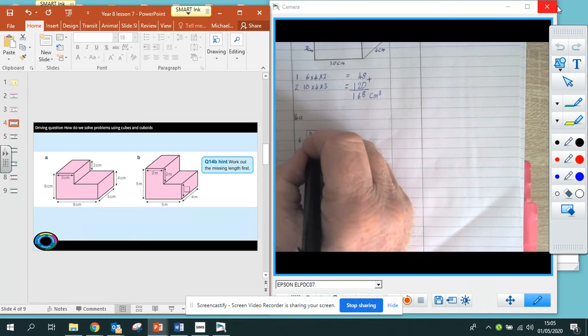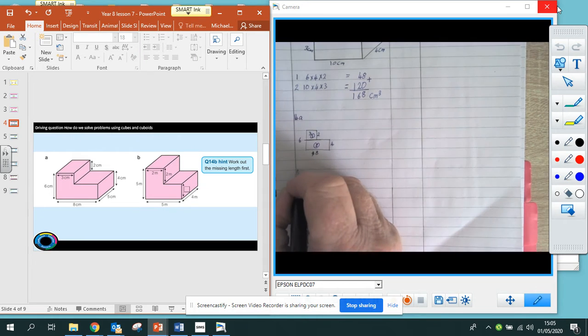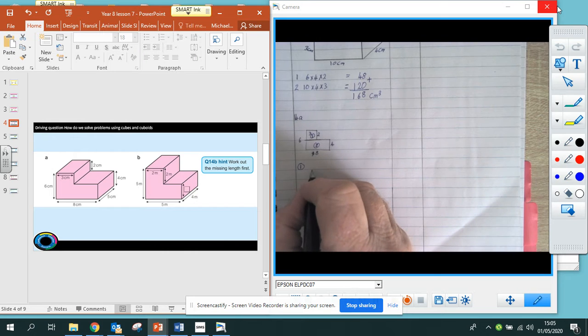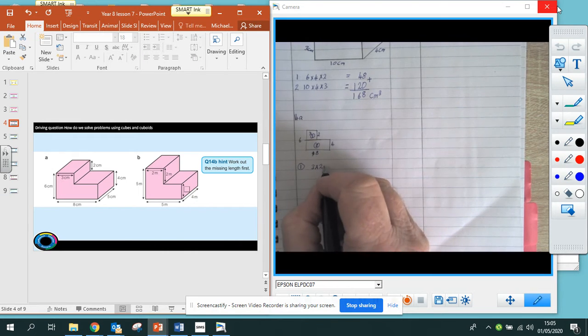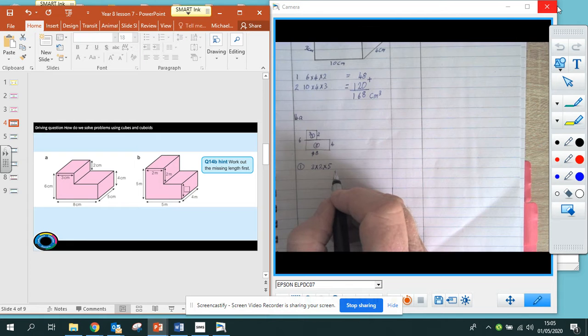So shape 1, shape 2, so again, we don't get confused. The dimensions for shape 1 are 3 times 2, and this is the dimension that I was missing, times 5. 3 times 2 is 6, times 5 is 30.